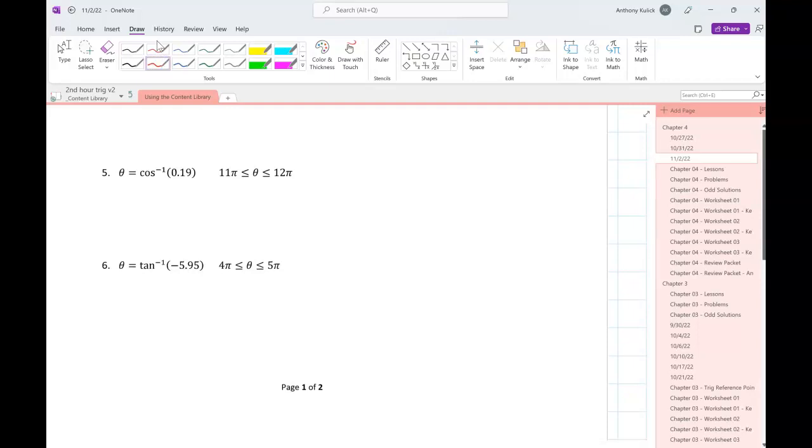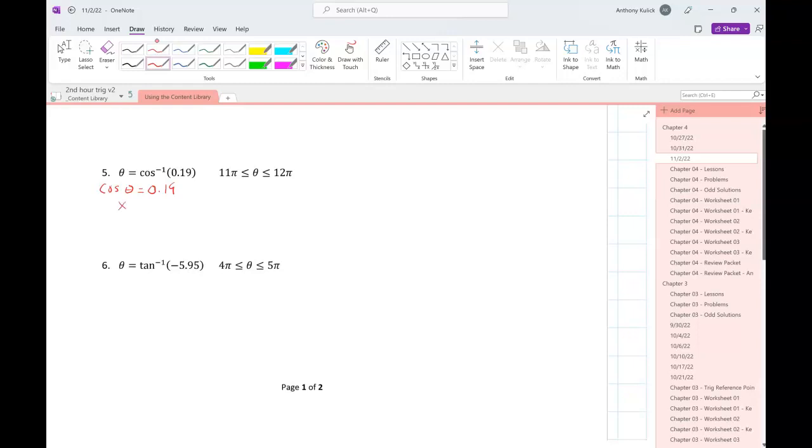First thing we need to do is figure out the quadrant that our terminal side lies in. So that's the same thing as cosine theta equals 0.19. On the unit circle, cosine is the same as which coordinate?